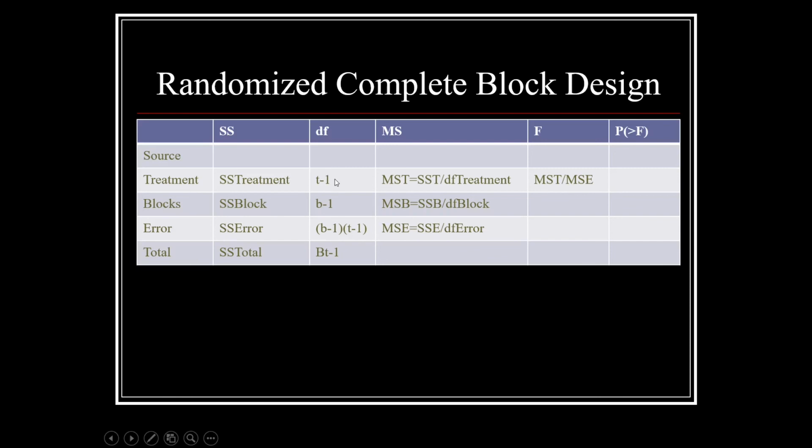Our degrees of freedom now are t minus 1, number of treatments minus 1 for our treatment, b minus 1, number of blocks minus 1 for our blocks. However, our error now is b minus 1 times t minus 1. It's degrees of freedom for treatment times degrees of freedom of block. And then if we look at our total degrees of freedom, number of blocks times number of treatments minus 1.